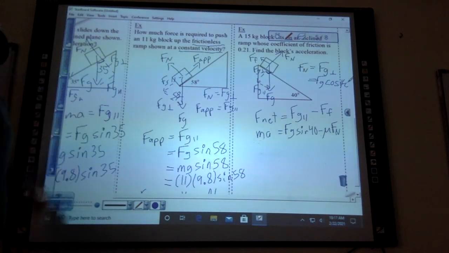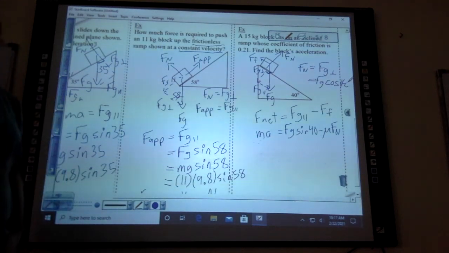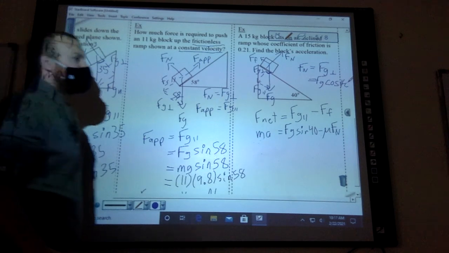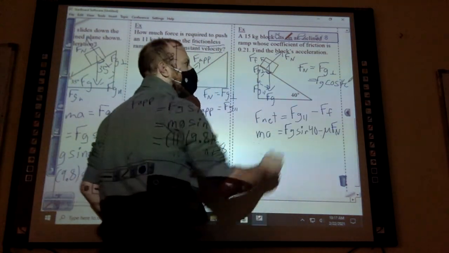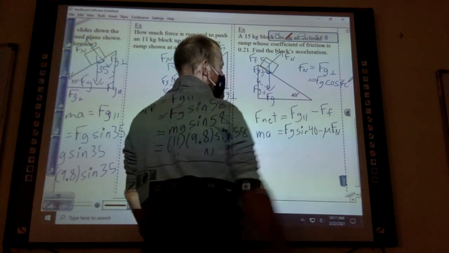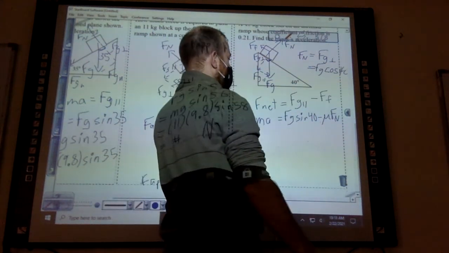So Sonia, is the force of gravity going to be the exact same for FG perpendicular as for FG parallel? Yeah, because the hypotenuse is the same for both. So this is FG, this is also FG. I just did this separately so I don't have to keep writing this equation all the way down.